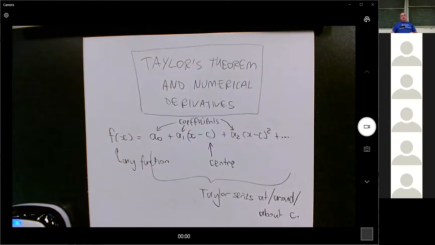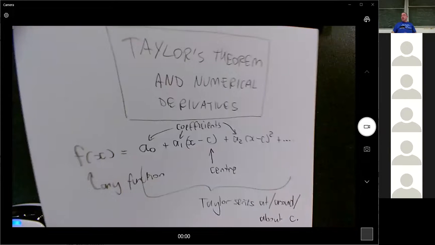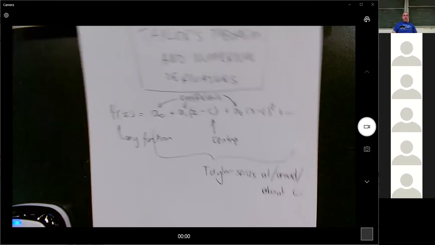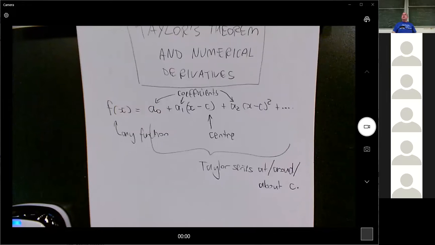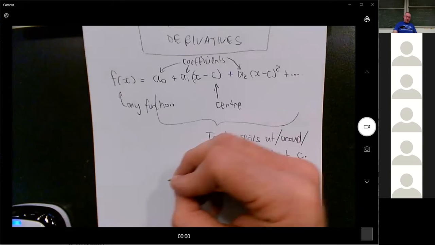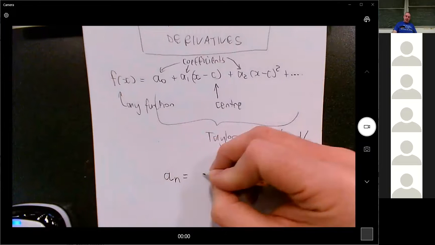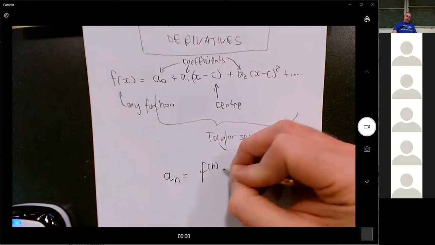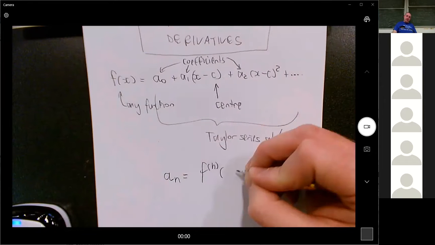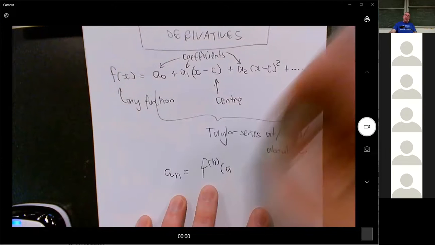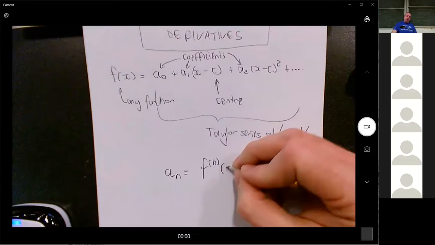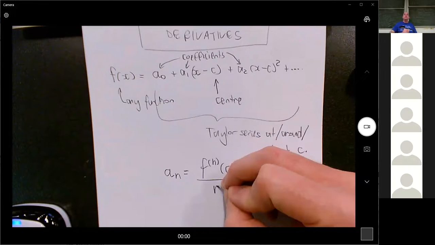Okay, I'm making this up as I go along, so just bear with me. Any function, as long as it's nice, can be rewritten with something like this. And the correct answer for the coefficients is that a_n is the nth derivative of f at the point c, the center that we're thinking about, divided by n factorial.